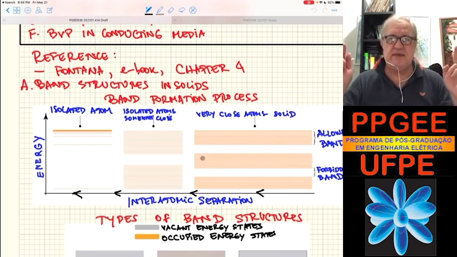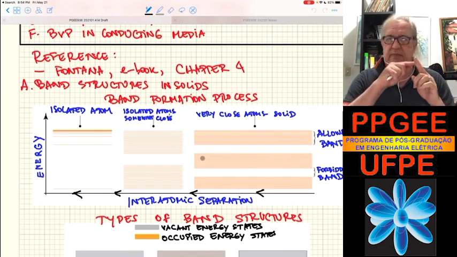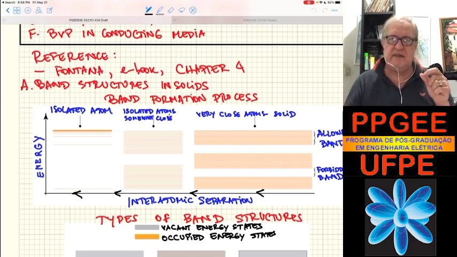As we approach these atoms, the operator equation that governs the system now has interaction between the particles. And you start to form several discrete levels, where each level splits and the other level splits into new levels.